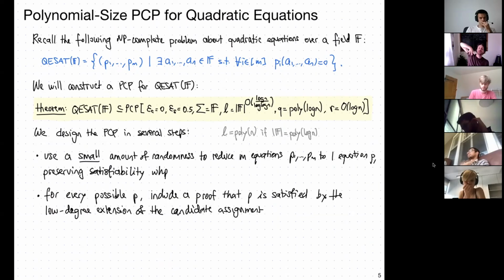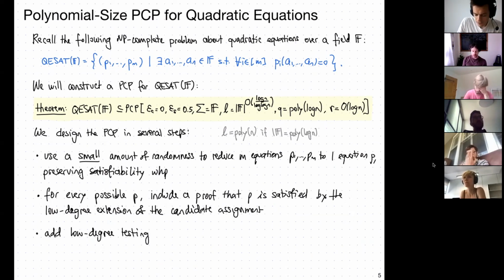So in some sense, we'll start with m equations, compress them into one equation, then take the low degree extension of this equation and try to solve it by a tool that by now you're well familiar with, which is the sumcheck protocol. You'll see later how it works. And later we'll add low degree testing to enforce the low degree structure. So it's similar to the structure that we had yesterday. We just need to be a little bit more creative.